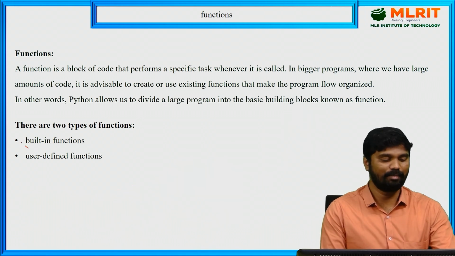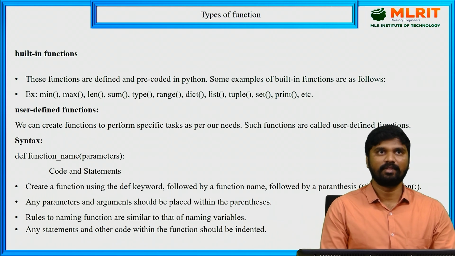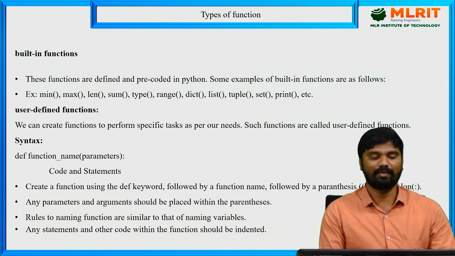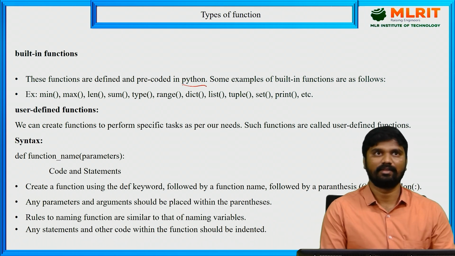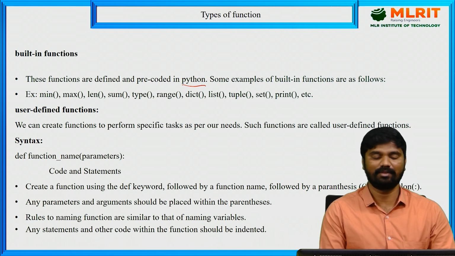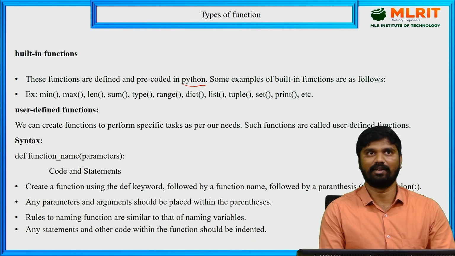One is the built-in function and the second is the user-defined function. First we will discuss built-in functions. These functions are predefined and pre-coded in Python. That means whenever you install Python, they are included and available in the Python library.